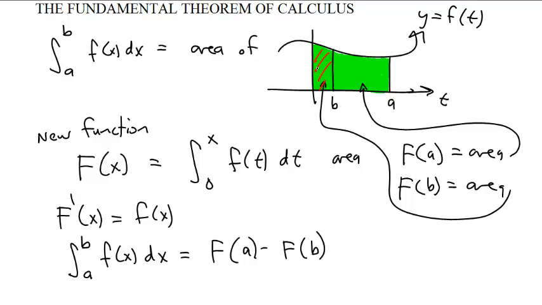I don't want to do this again. These are switched. We go from A up to B. So F of B is that big area, and F of A is that area.